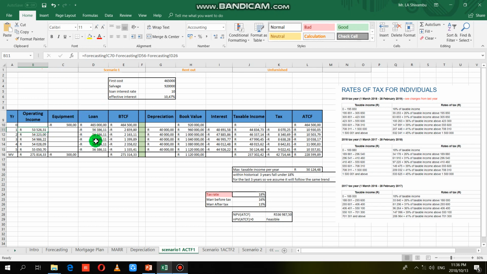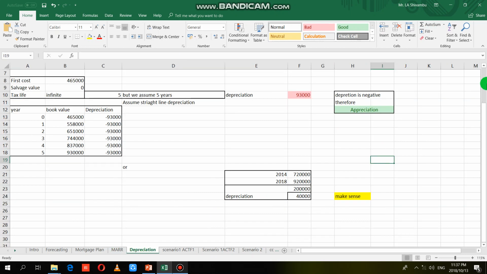For loan repayment, we used annuity, as we already discussed that between the two methods of paying a loan, we chose annuity as our final option. Then we calculated our before-tax cash flow with depreciation of this much, as we already saw.